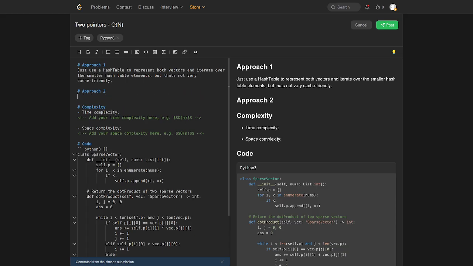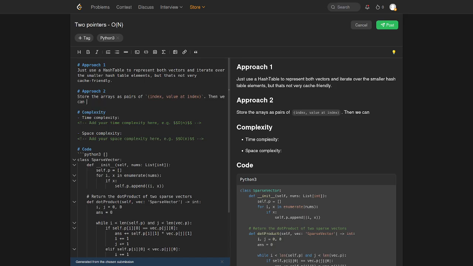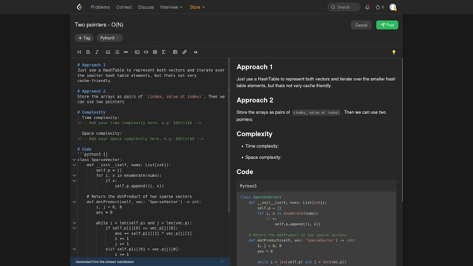Instead, store the arrays as pairs of index and value. Use 2 pointers, one for each tuple array, and move them.